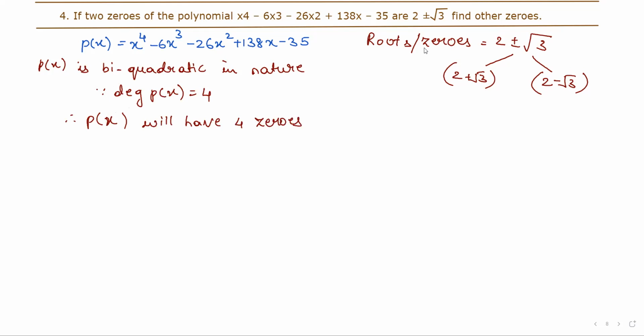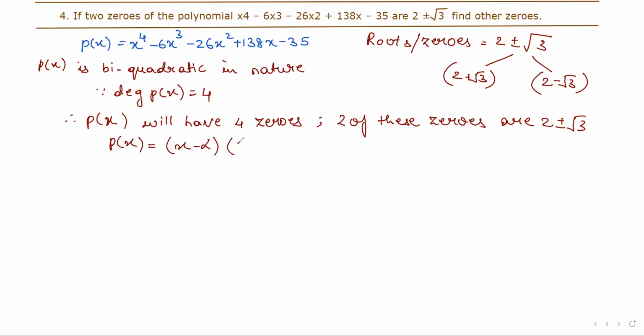Now, out of these 4 zeros, 2 zeros are given to you. 2 of these zeros are 2 plus minus root 3. So you can represent p of x as x minus alpha, first, x minus beta, x minus gamma, and x minus delta. Two are given to you. So alpha and beta values are given to you, right?